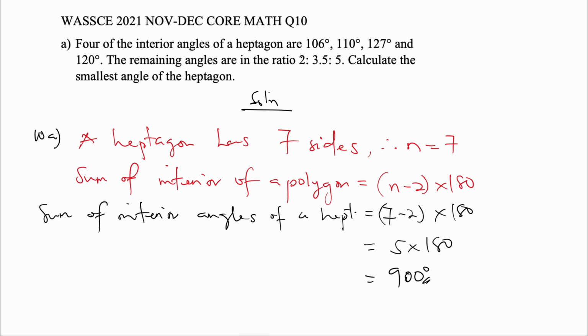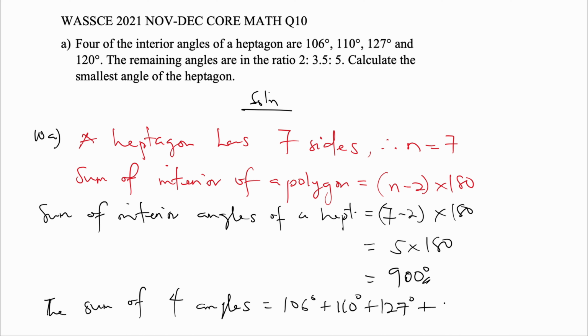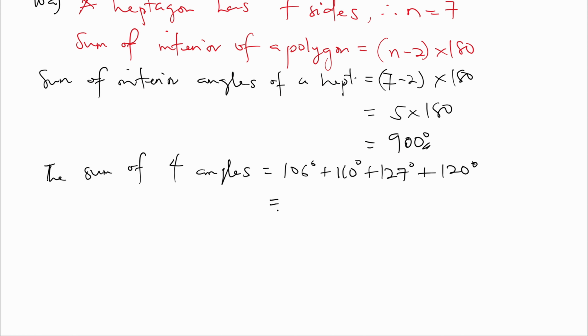Now 4 of the angles are 106, 110, 127, and 120. So the sum of the 4 angles is equal to 106 degrees plus 110 degrees plus 127 degrees plus 120 degrees, and this is equal to 463 degrees.